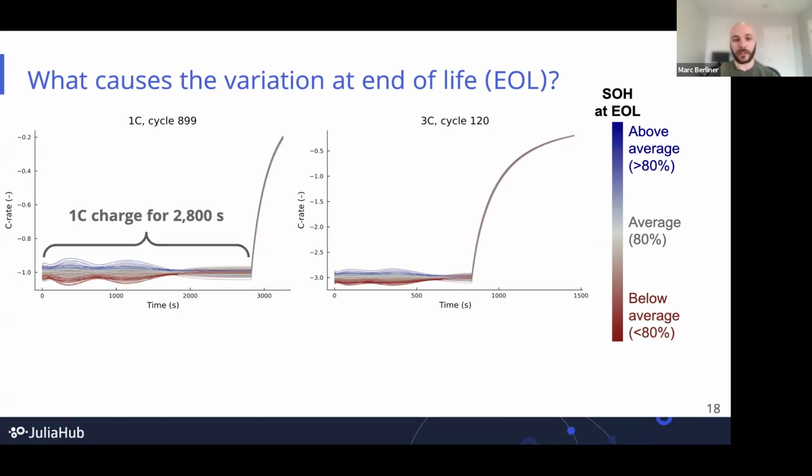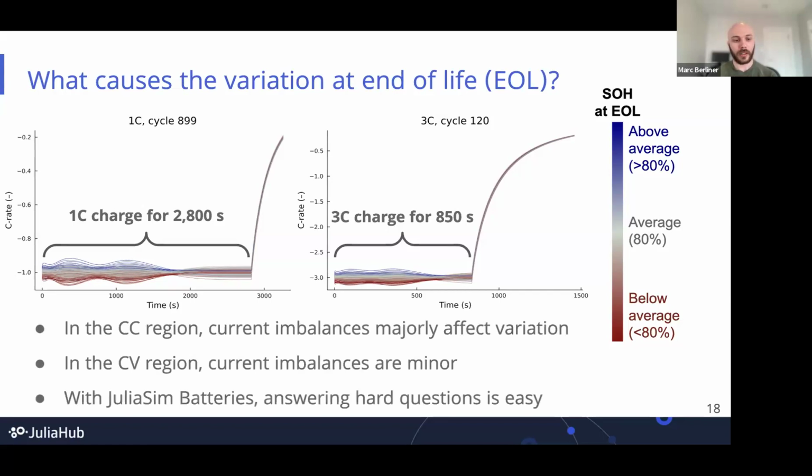And comparing this time in the CC region to the 3C plot, we get nearly a threefold reduction in the total time. So if we take this one-to-one comparison between the various plots, we get a pretty clear answer for why this distribution occurs for these various C rates.